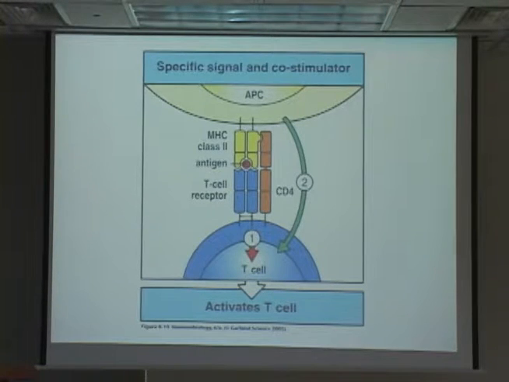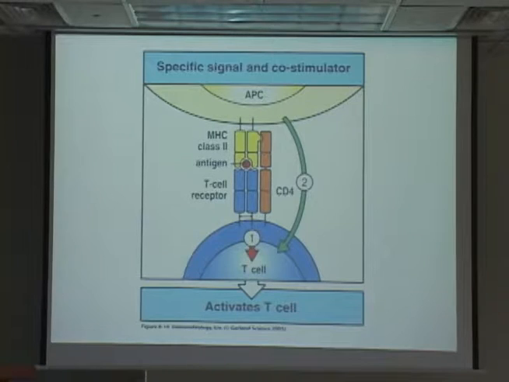So, broadly speaking, under these conditions, you have this interaction between the T cell receptor and MHC and peptide, strengthened by LFA1 ICAM interaction, and also strengthened by the interaction of molecules like CD4 and CD8 on T cells.